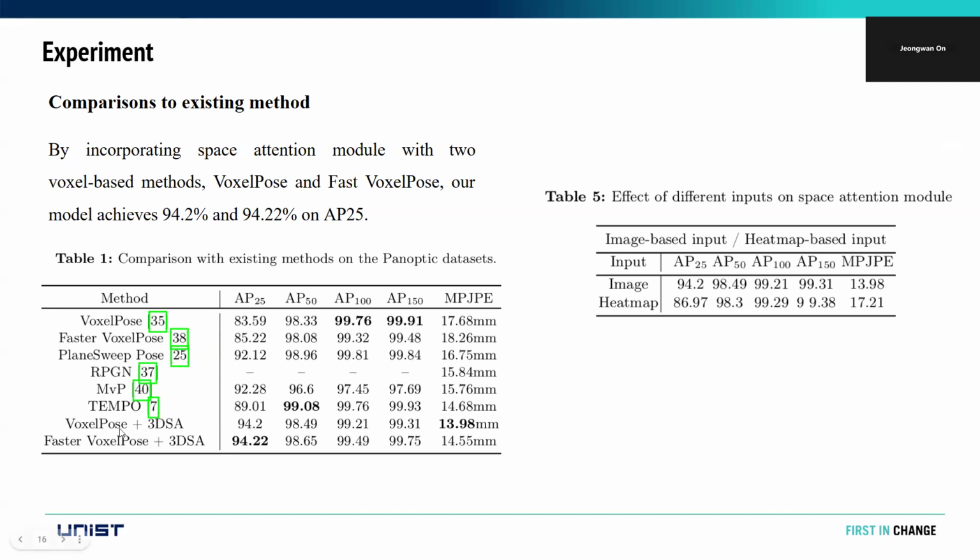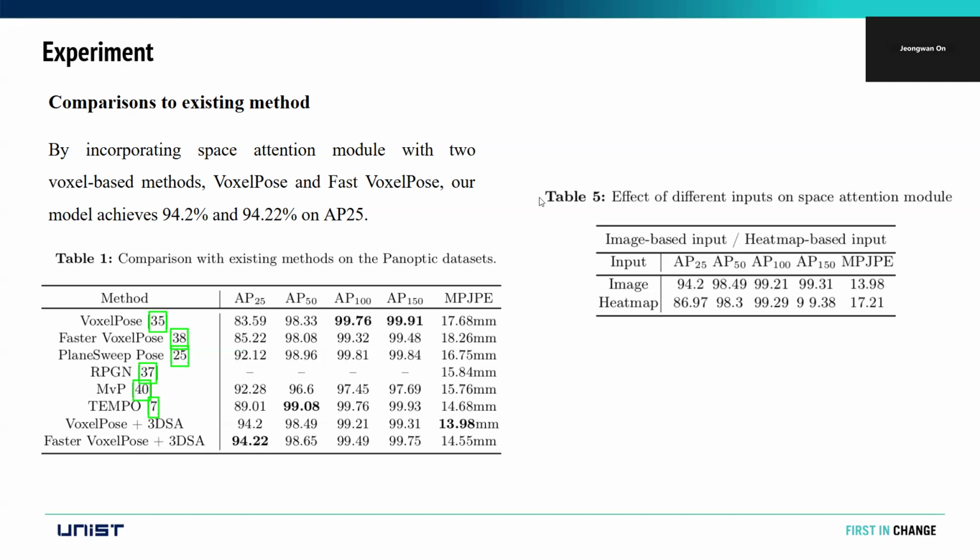For VoxelPose, it achieved 54.2%, and for the faster VoxelPose with the 3D space attention mechanism, they achieved 94.22%.